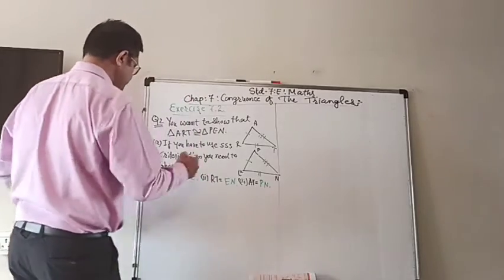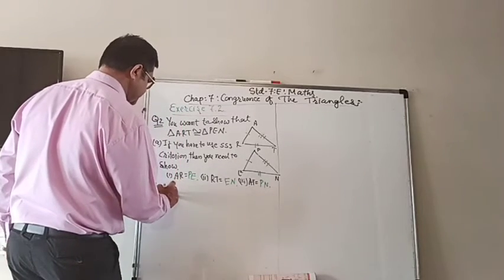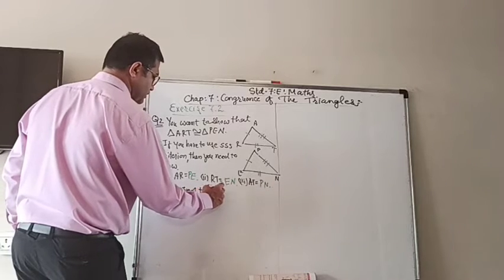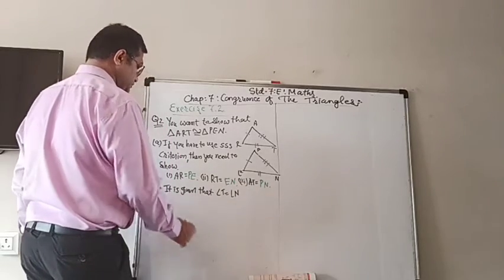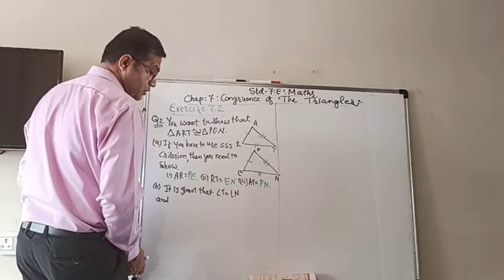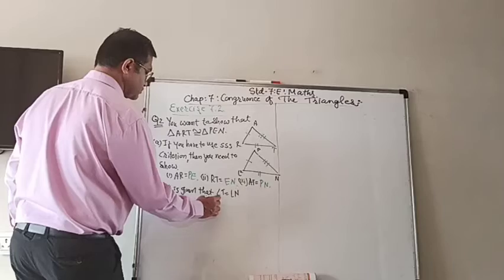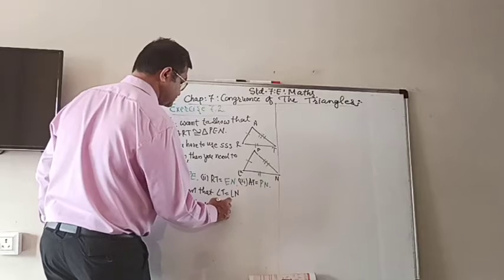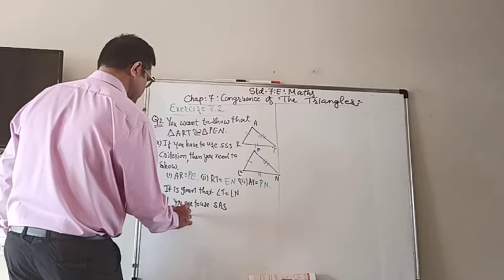Next one, B. In B, it is given that angle T is equal to angle N, and you are to use SAS criteria.